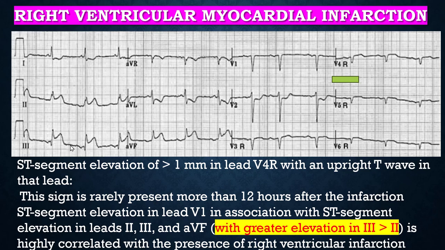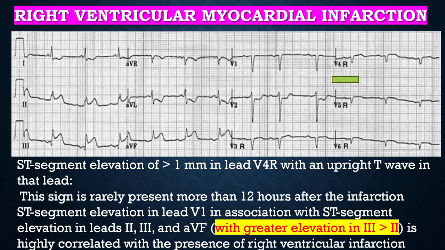When there is ST elevation in these 3 leads with greater elevation in lead 3 than 2, you can see the elevation is more in lead 3 than lead 2. It is highly correlated with right ventricular infarction.